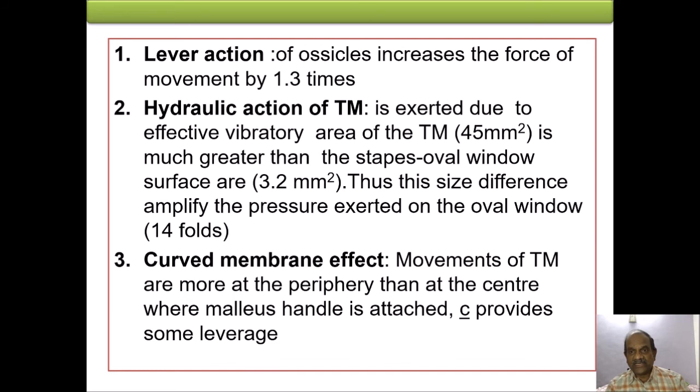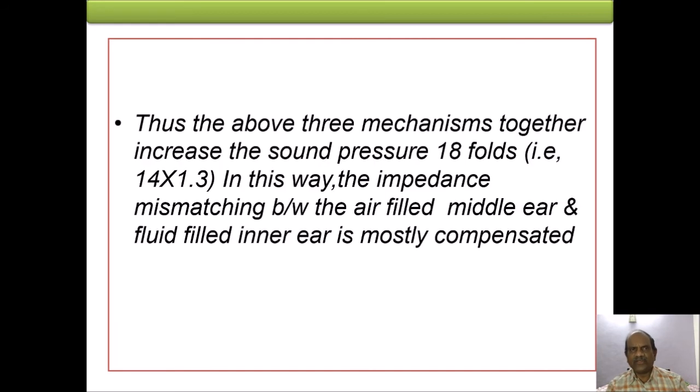Thus, this size difference amplifies the pressure exerted on the oval window 14 fold. Then there is one more characteristic, the curved membrane effect. Movement of the tympanic membrane is greater at the periphery than at the center where the malleus handle is attached, which provides the same leverage. Thus, the above three mechanisms together increase the sound pressure 18 fold, that is 14 into 1.3.